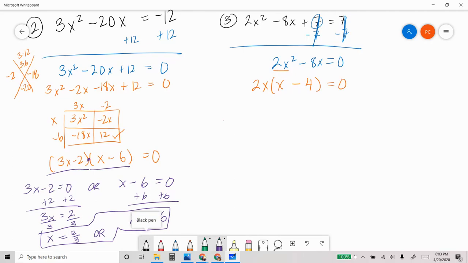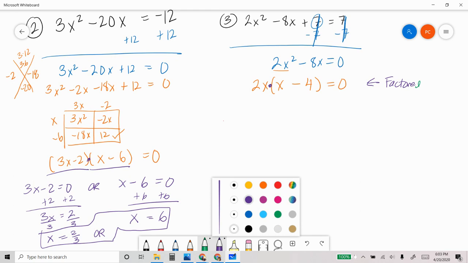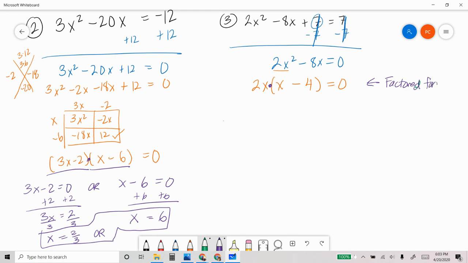Now I have 2x times x minus 4 is equal to 0. So this is actually in factored form, and it's equal to 0.